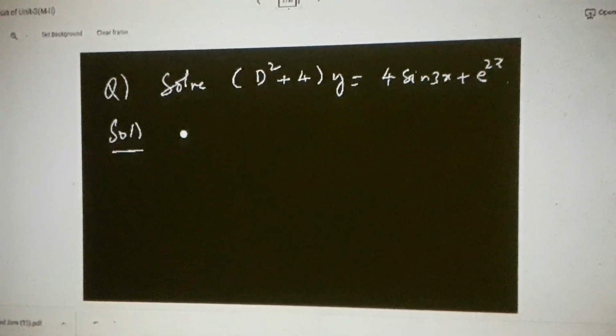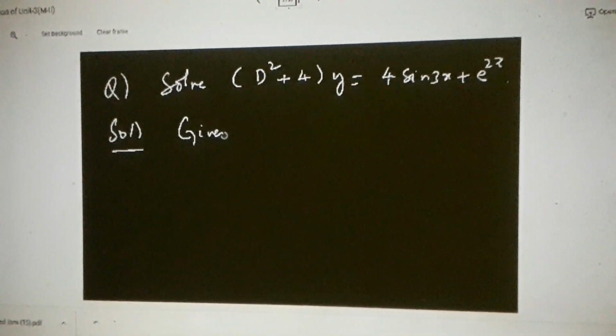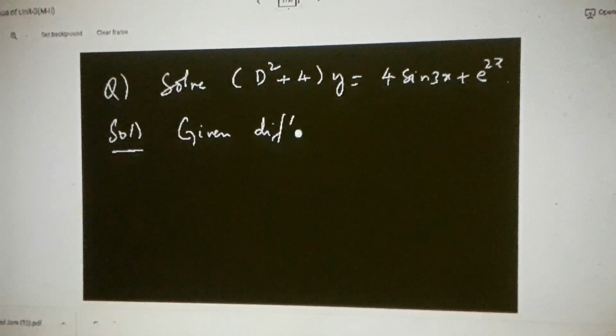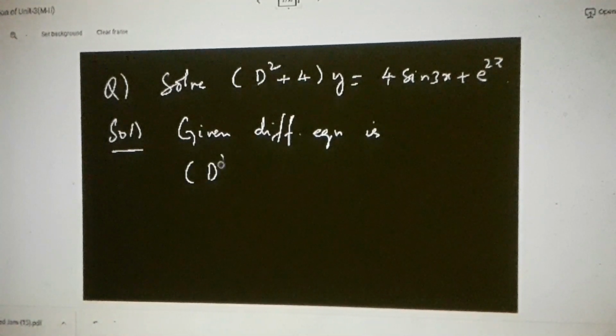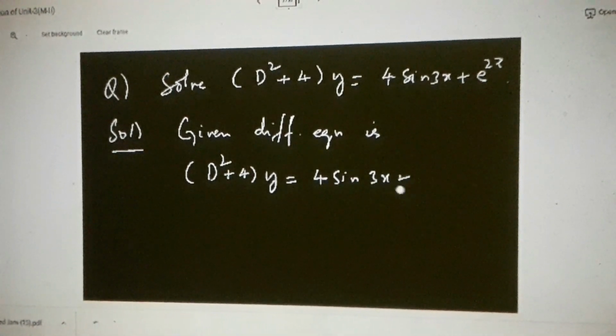First of all, the given differential equation is this as it is. I'll copy it: (D squared plus 4)y is equal to 4 sin 3x plus e to the power of 2x.